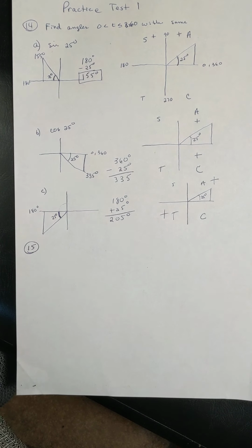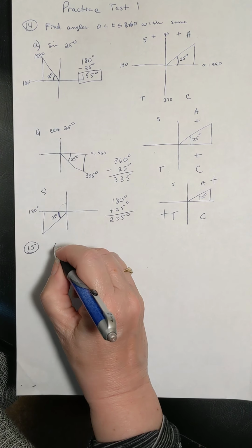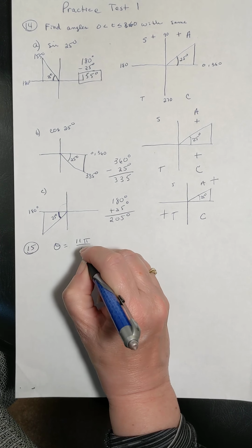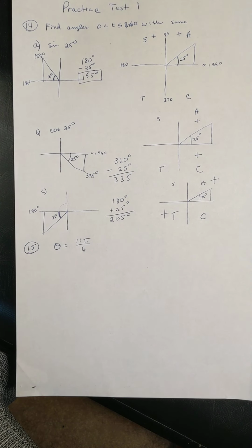All right, question number 15. It says, if theta is equal to 11 pi over 6, use reference angles to find the sine, the cosine, and the tangent of 11 pi over 6.